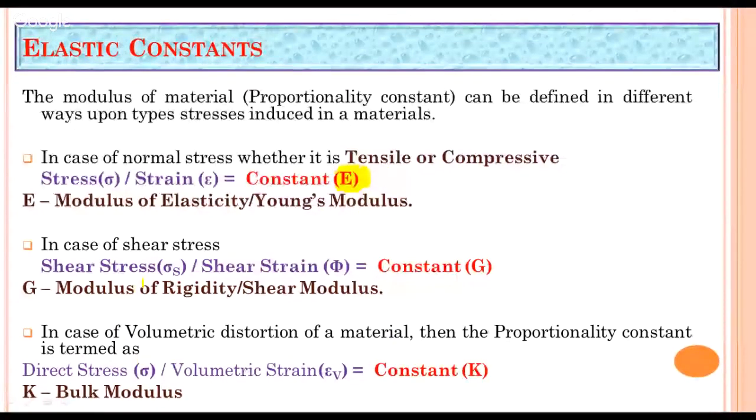In case of shear stresses, the ratio of shear stress to corresponding shear strain is equal to a constant value. That constant is termed the modulus of rigidity or shear modulus.